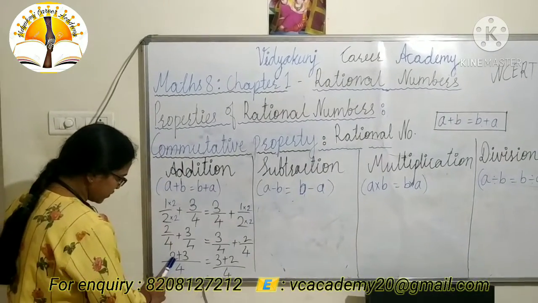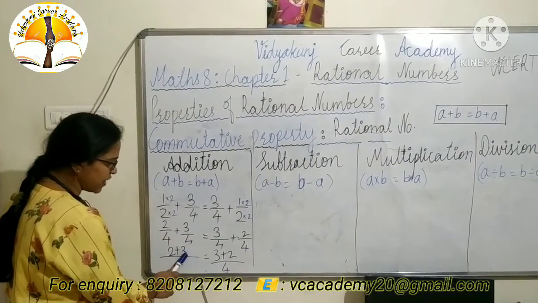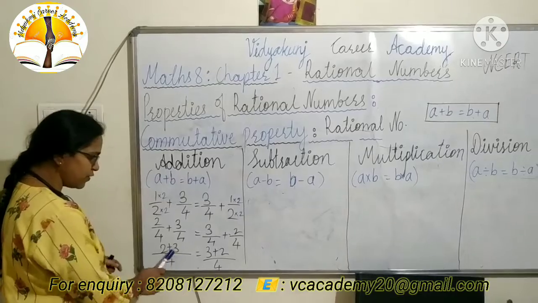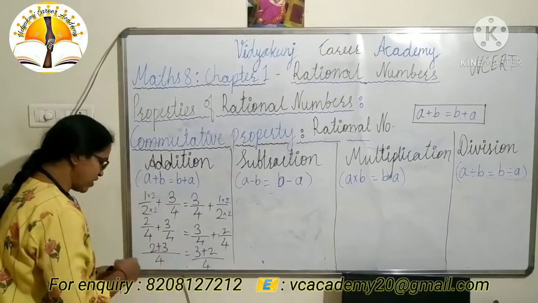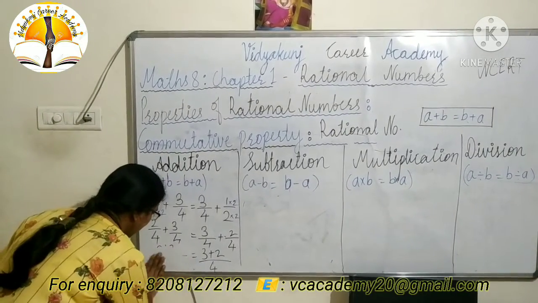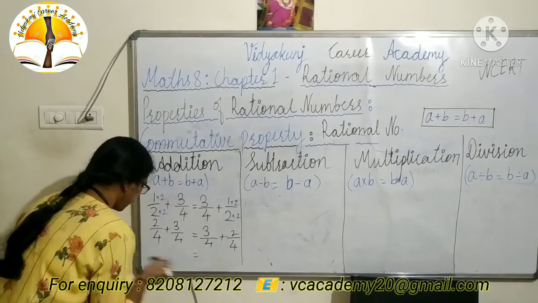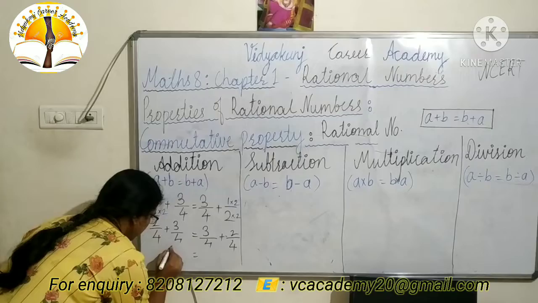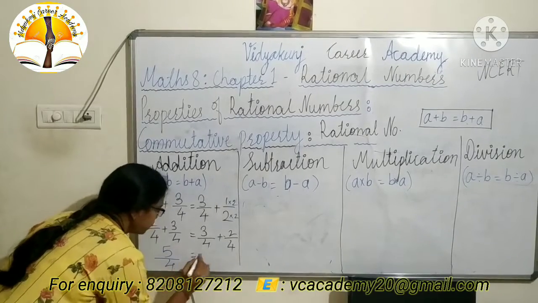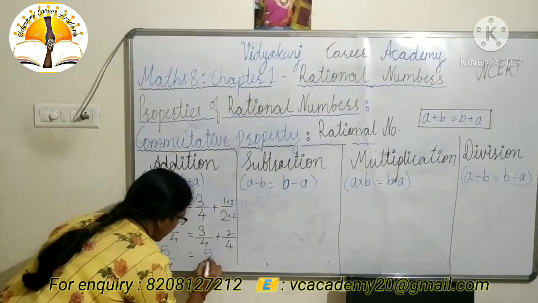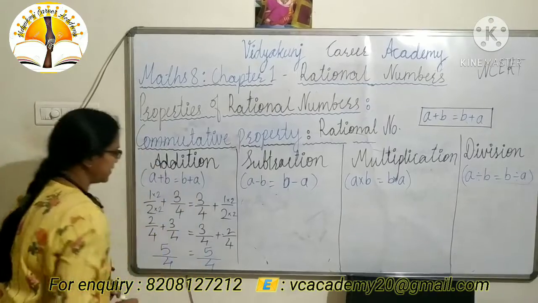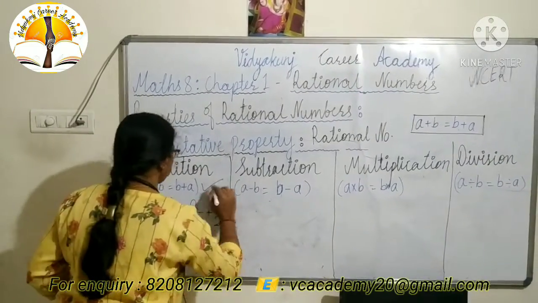Look at here. 2 plus 3, 5. 3 plus 2, 5. I will remove this and I will write here direct answer. Okay. 5 by 4. Here also 5 by 4. Answers are same. So this is commutative.